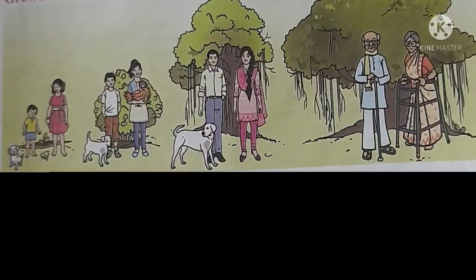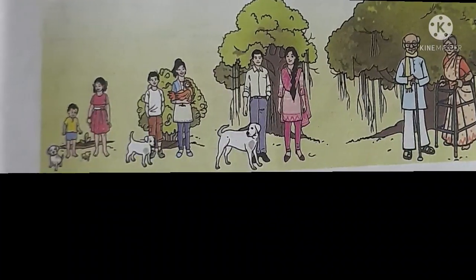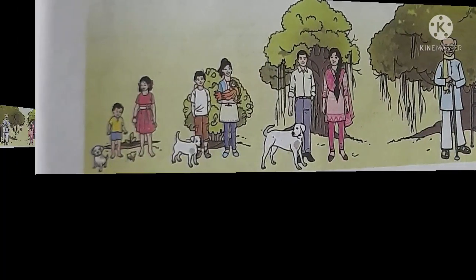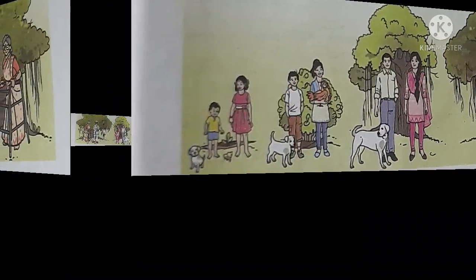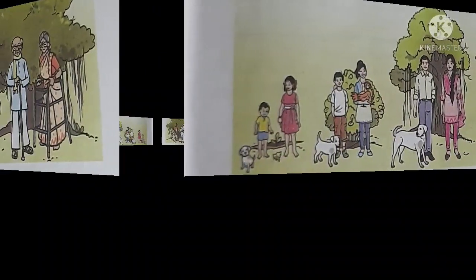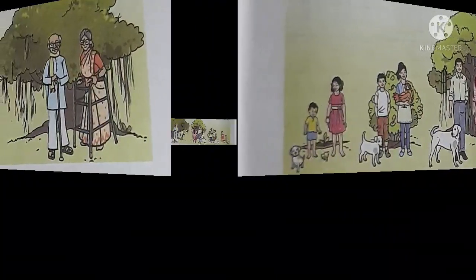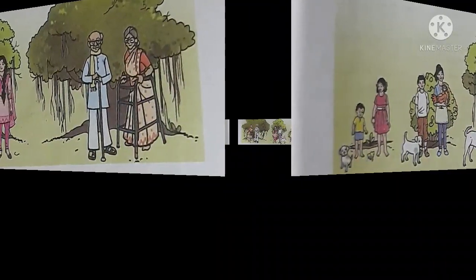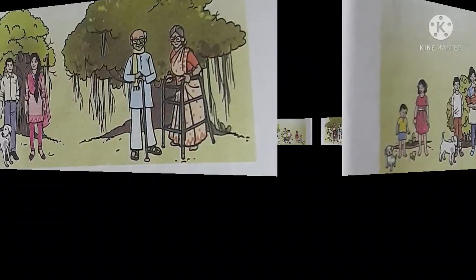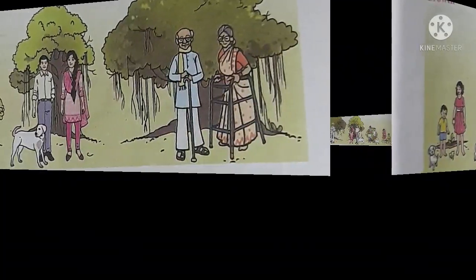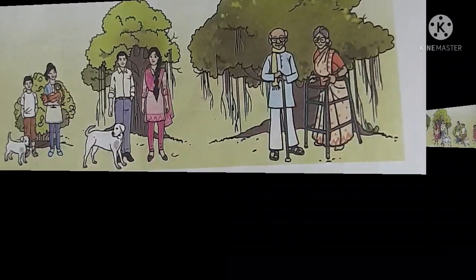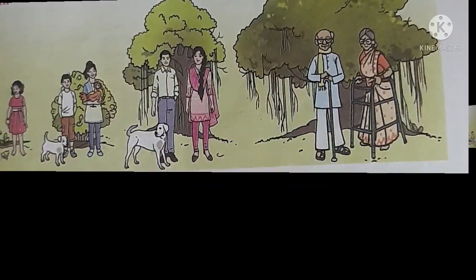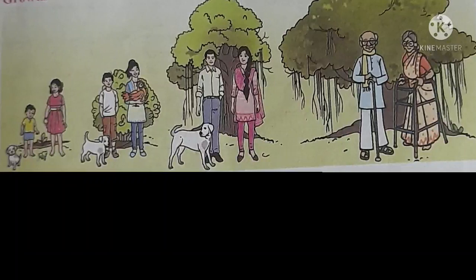The growth of living things is from within the body and in all parts of the body. Generally humans grow up to 21 years, but after that they stop growing.